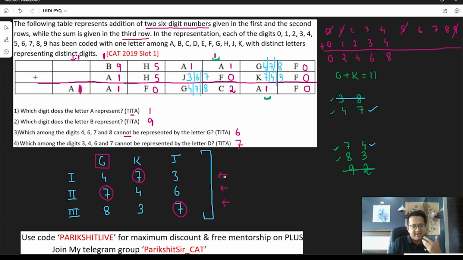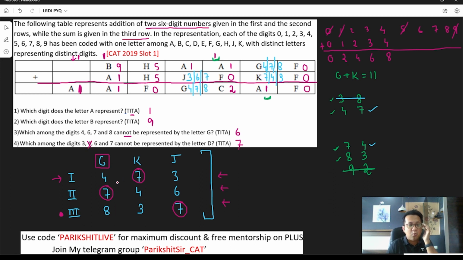Again, I'm going to repeat. Let's say as an example, let's look at 4. If it is scenario 1, 4 is mapped to G. But if it is scenario 3, 4 is free. And because 4 is free, 4 can be equal to D. So 4 can be represented by the letter D and hence cannot be the answer. Similarly, what about 3?